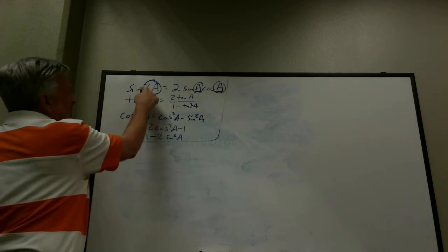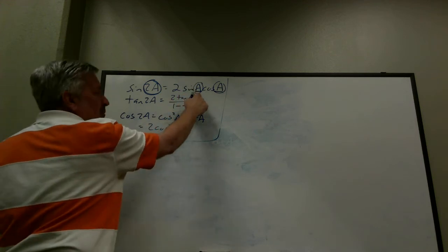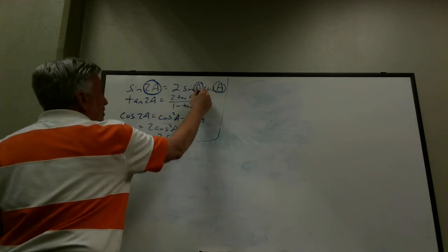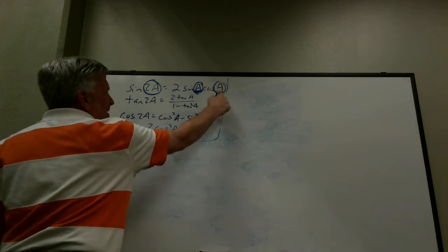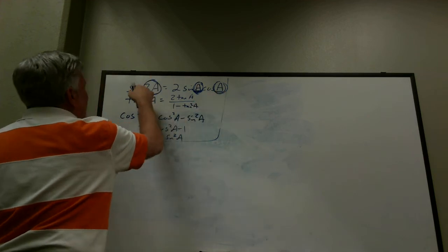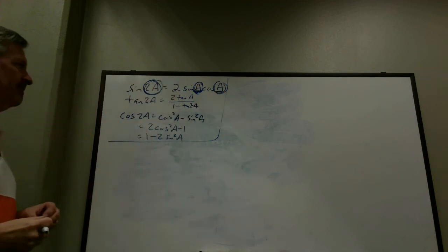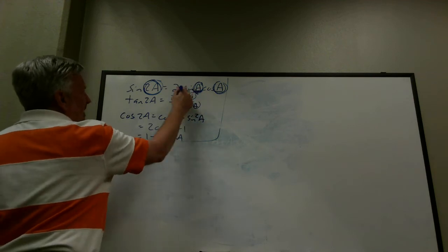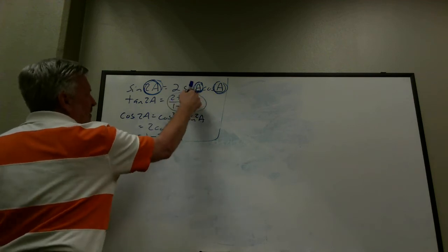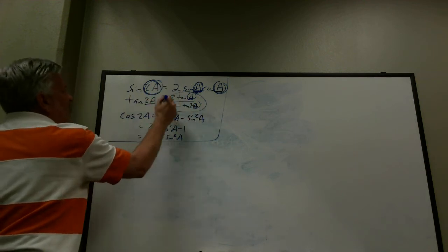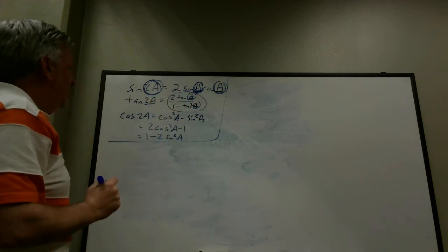So it doesn't have to be a 2 here is what I'm getting. It doesn't just have to be A here. This A stands for anything. Whatever's here and here, assuming they match, 2 sine of the stuff, cosine of the stuff, that's sine of double the stuff. Same thing here. Whatever's here and here, if you have this expression, if they match, which they need to, that's equal to tangent of double whatever that is. Okay, and same thing for that.